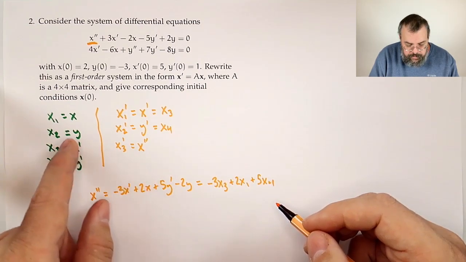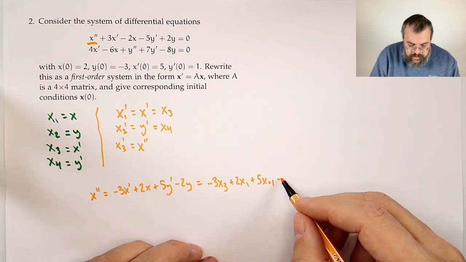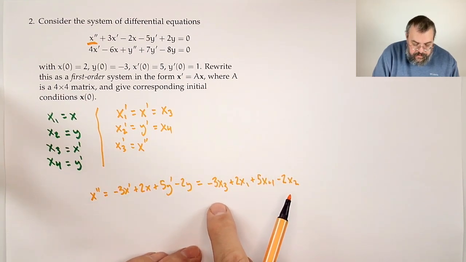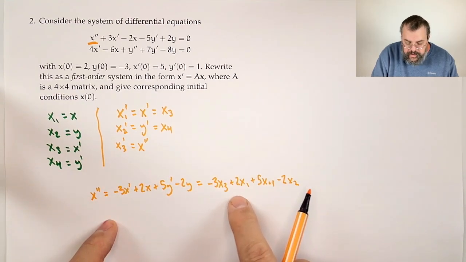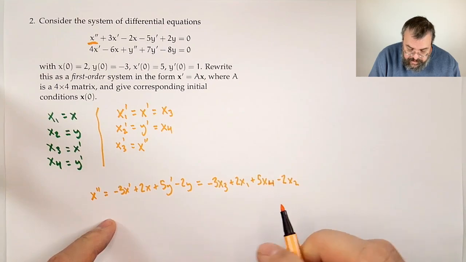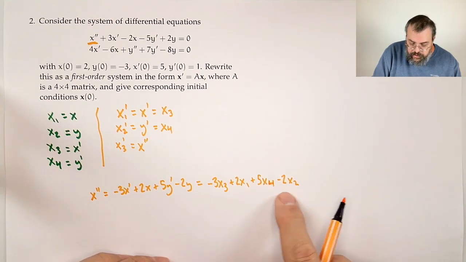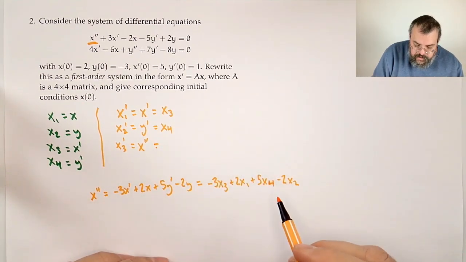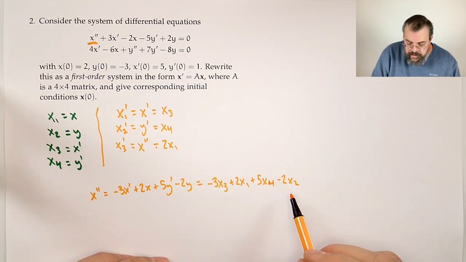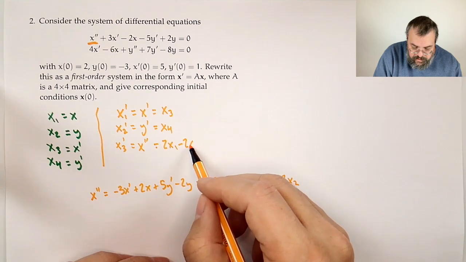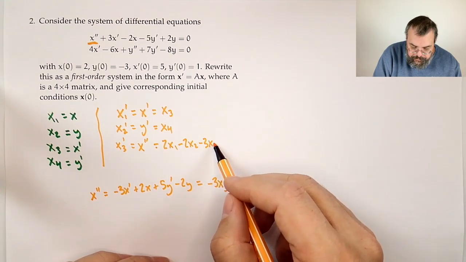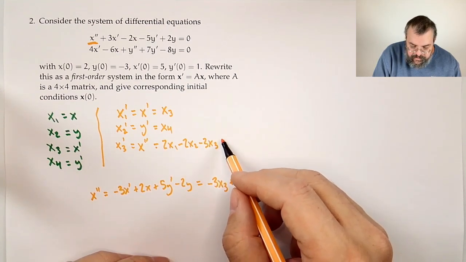The y would be x2, so minus 2x2. Perfect. We can write x double prime as a combination of our four functions. Now, let's write it down here, but we'll switch the order up, so we go in the order that we have: 2x1, minus 2x2, minus 3x3, and plus 5x4.